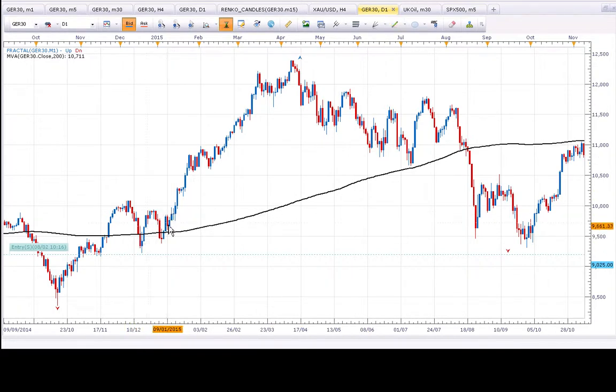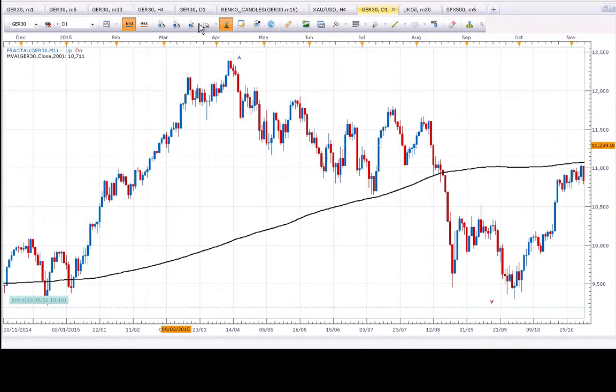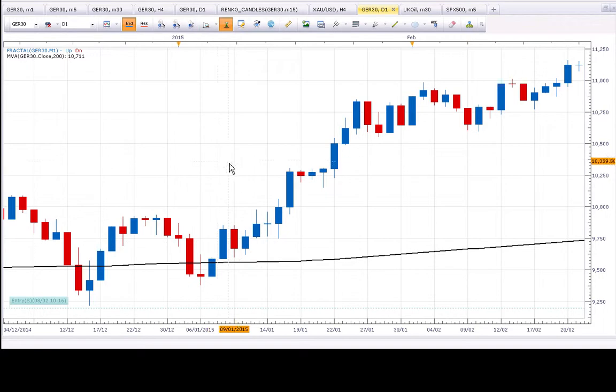But in this particular example, I'm just going to zoom in on that. Imagine that this data was as it was when we were looking at it on the chart. That would have been the candle to signal that we were going to go long. We had a close, so on that candle here, we would have gone long.